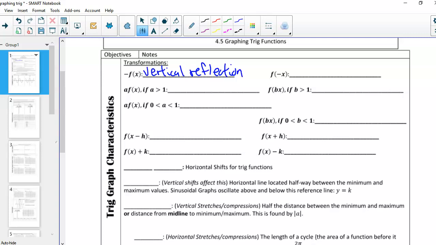You don't need to write this part, you can, or reflection over the x-axis. So this would be horizontal reflection. Or a reflection over the y-axis.